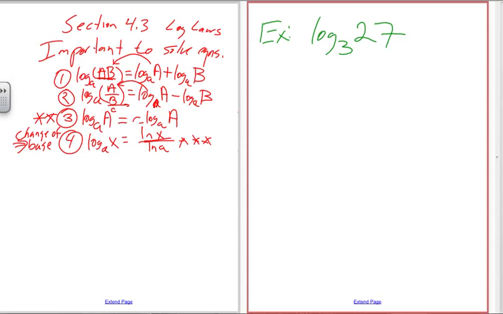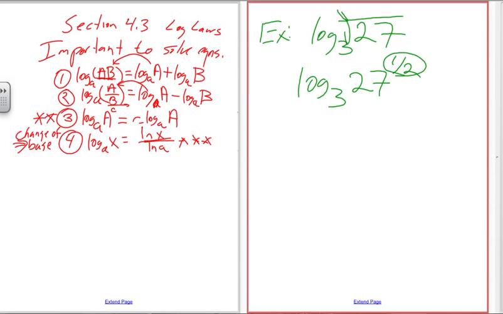So what we need to do here is rewrite this as a rational exponent. So it's log base 3 of 27 to the 1/2, with this being how you rewrite square roots. It's really important you guys get this piece of information down.